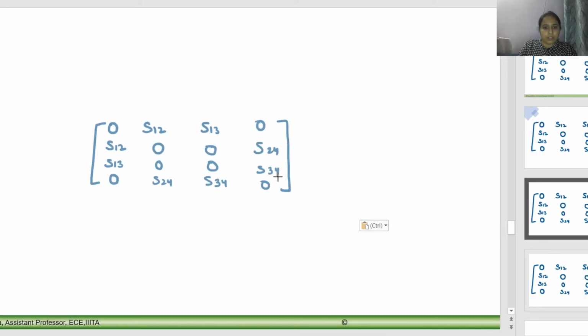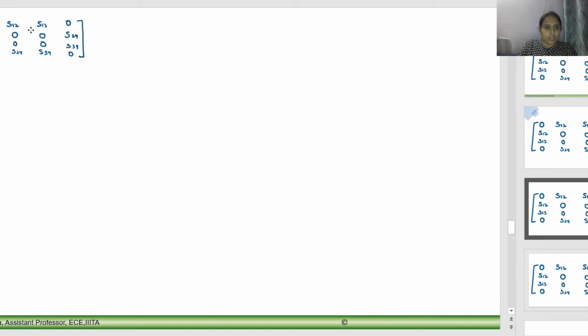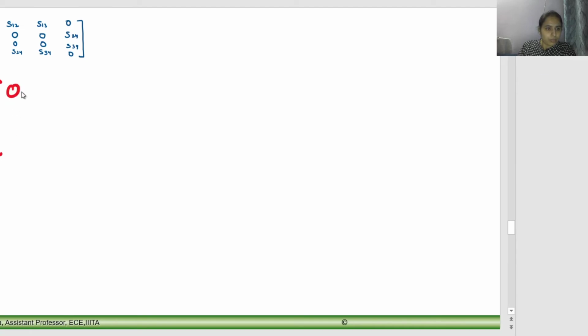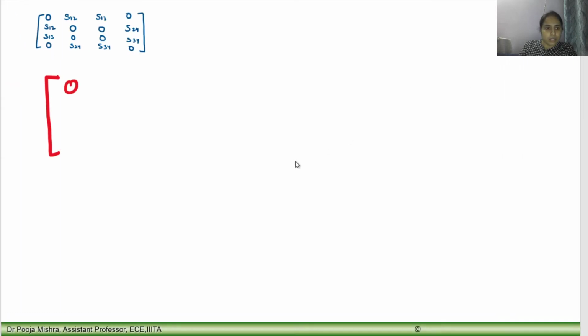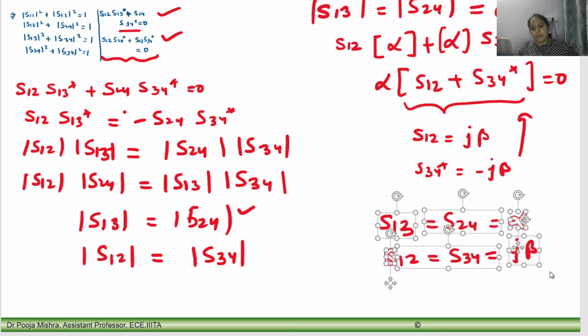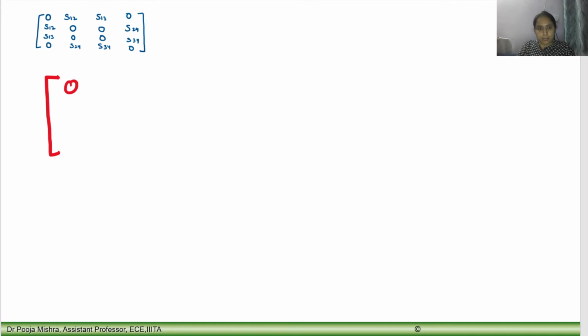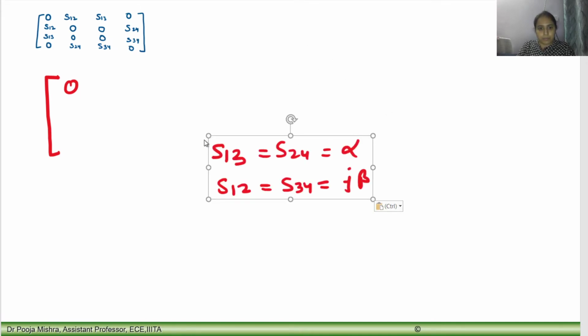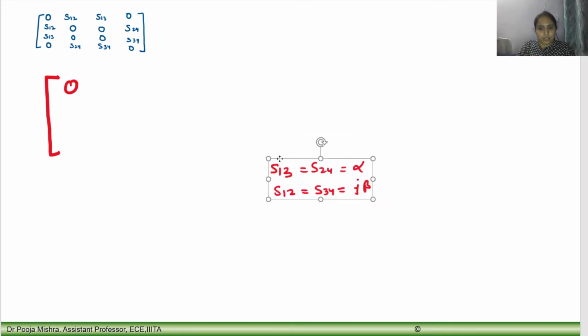So we got S12, this was 0, S12 was, this we also have to copy. So this will be the value here.